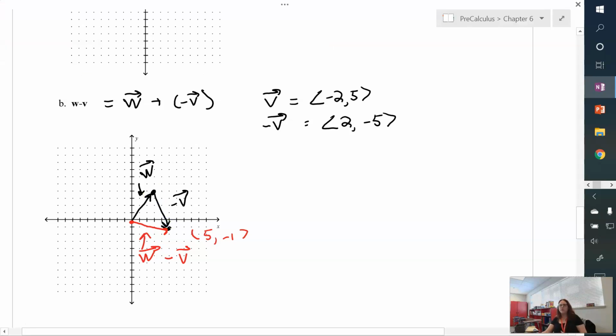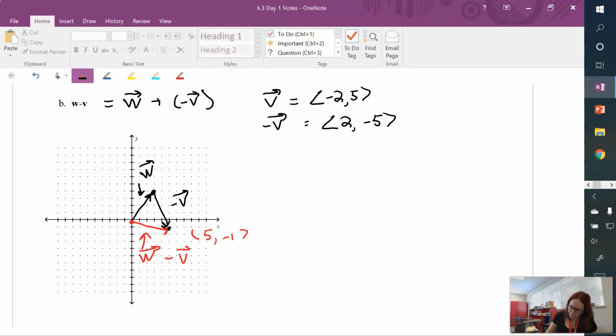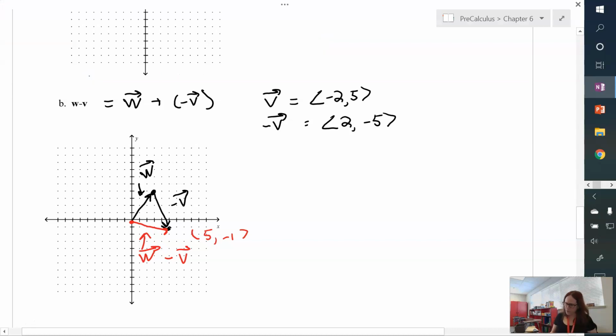Okay. So the key to subtracting is flip that second vector around and then add. So now let's do this algebraically. Vector w plus a negative vector v. Here's vector w, was 3, 4. And I already wrote my negative vector v in component form, so I'm just going to add 2, negative 5.